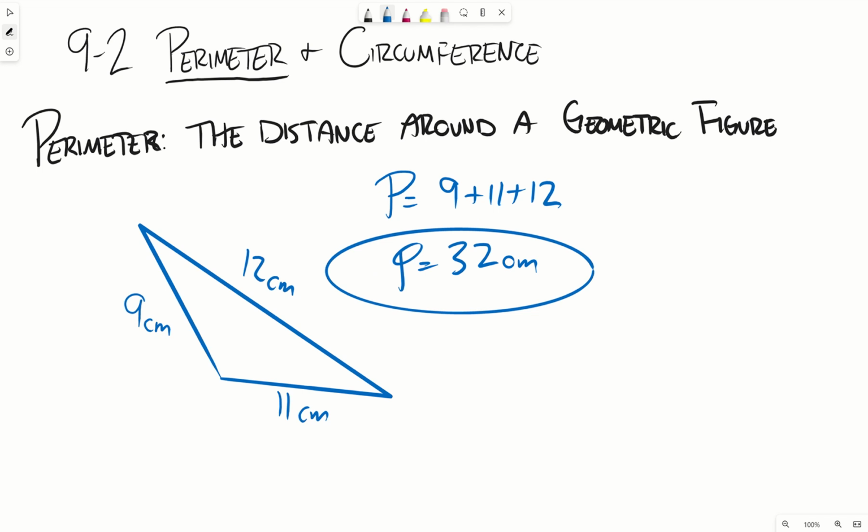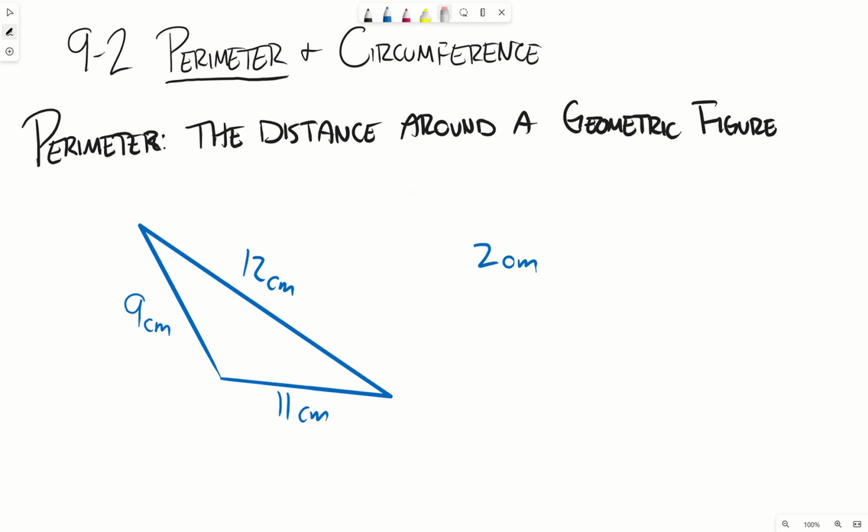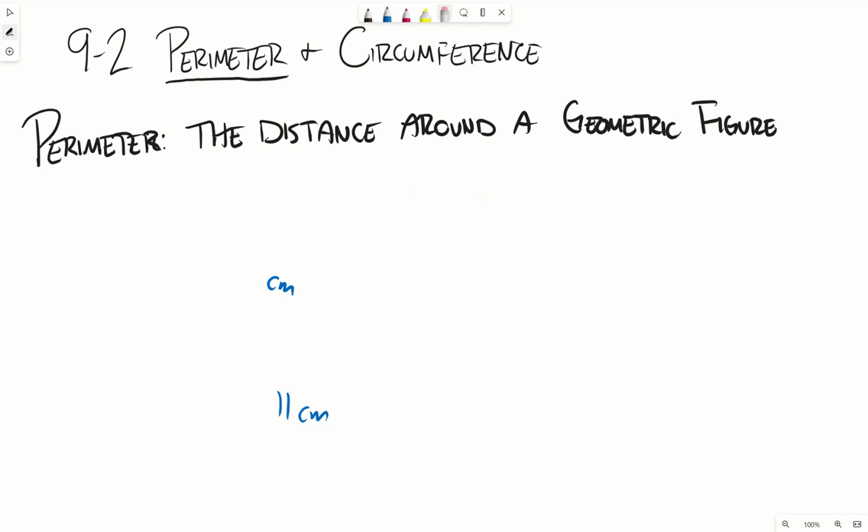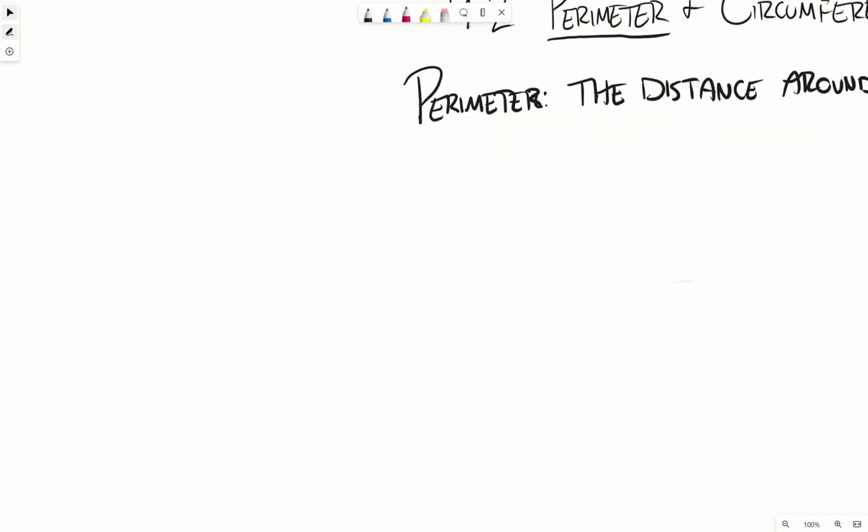Now, in this chapter, we're going to be finding a lot of different formulas, a lot of different ways that we just plug our numbers in and solve for what we're looking for. So, I'm going to heavily suggest that you start a list of formulas. We're going to start one over here.